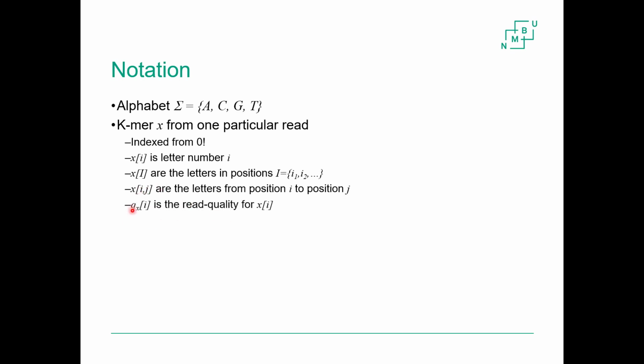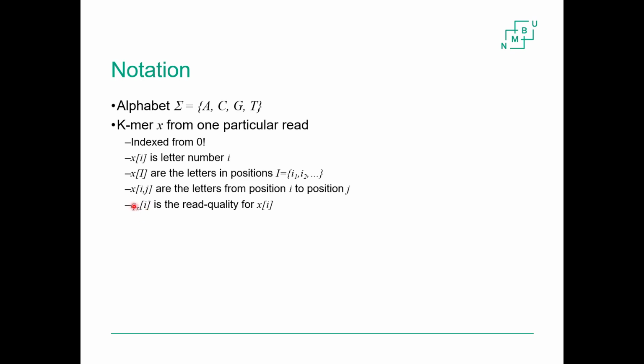And finally, Q is now the quality scores, right, for the k-mer X. Because remember, the input is from FASTQ files, so each DNA sequence also has a corresponding quality sequence. So if you have a k-mer from a read, you also have a quality k-mer from the read.